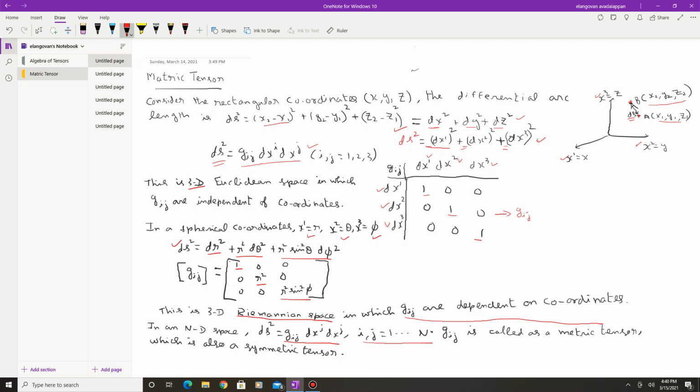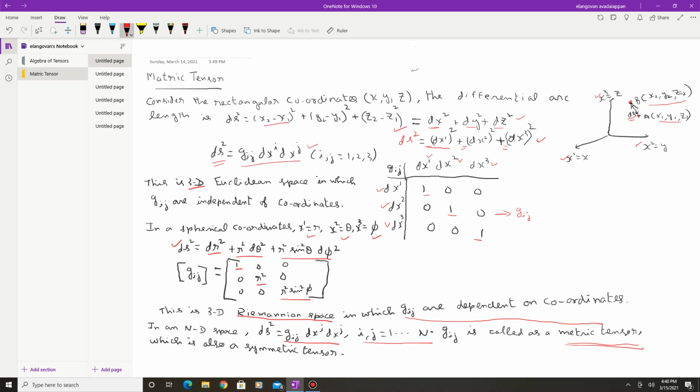This component gij is called the metric tensor. It is a tensor of rank 2.